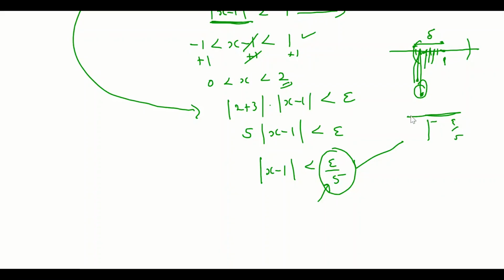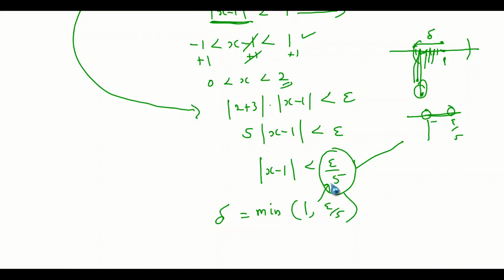It will be between this one and this. That is why we have to write that our delta will be equal to the minimum value of 1 and epsilon over 5.